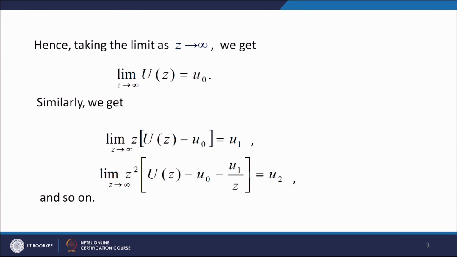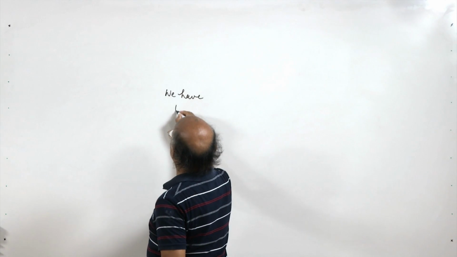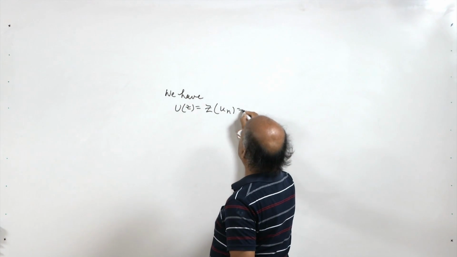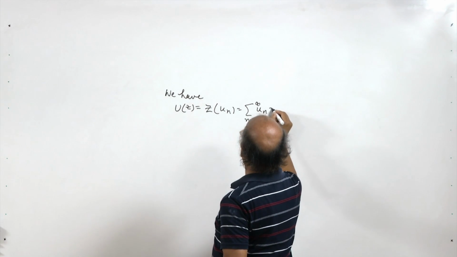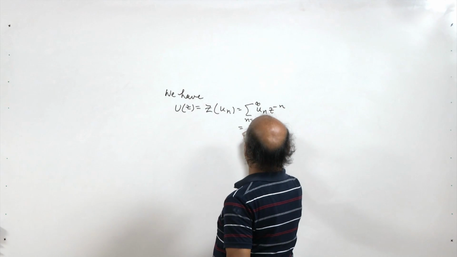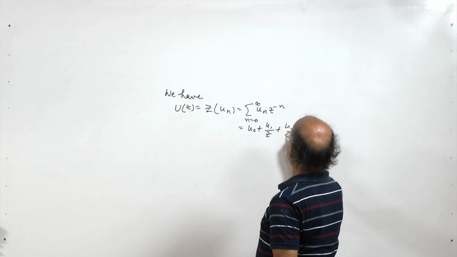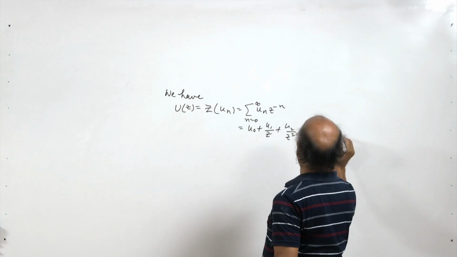Now, similarly we can see that limit z tends to infinity z times (U(z) minus u_0) is equal to u_1. So, in order to see this we have U(z), the Z transform of the u_n sequence, which is the sum from n equal to 0 to infinity of u_n z to the power minus n, which is u_0 plus u_1 by z plus u_2 by z square and so on.